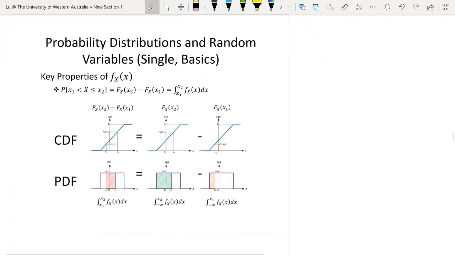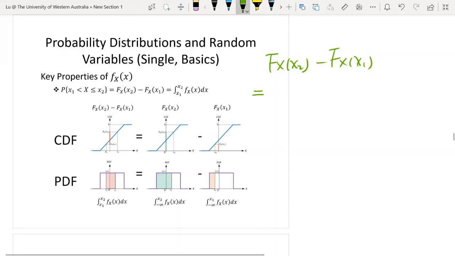Next one, to say the truth, exactly same story. We change the region again. In this case, we want to evaluate what is F_X(x2) minus F_X(x1). So again, the difference between two CDF function values.